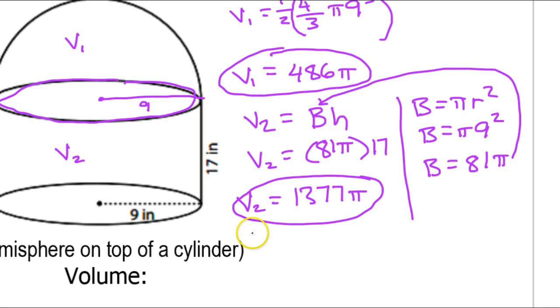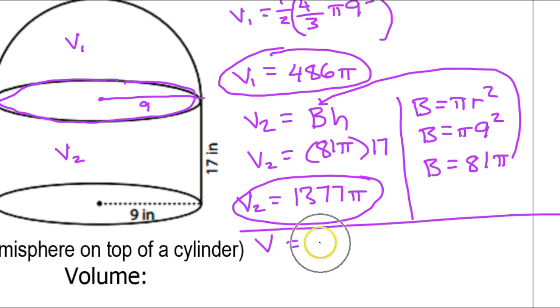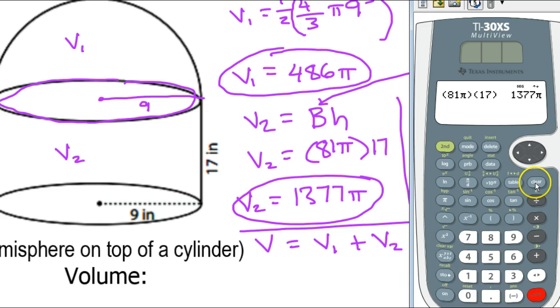So, I know that the overall volume of the entire shape is going to equal volume 1 plus volume 2. So, that's what I'm about to do. Alright, so there's volume 2, so all I need to do is add volume 1. So 486 pi.